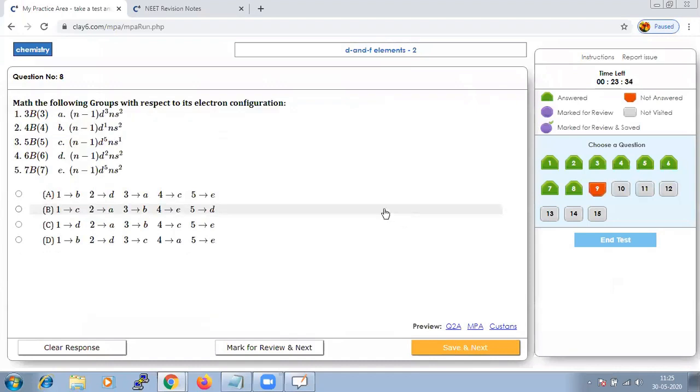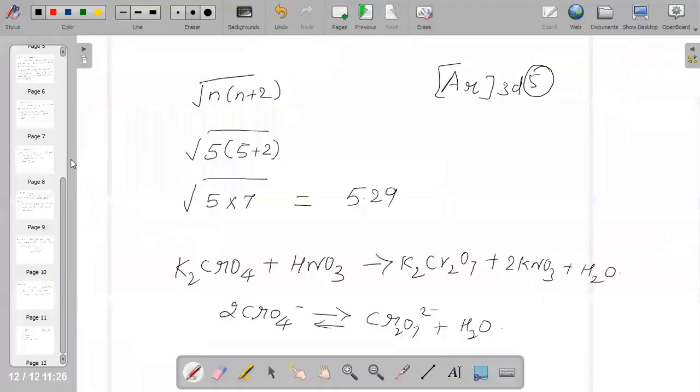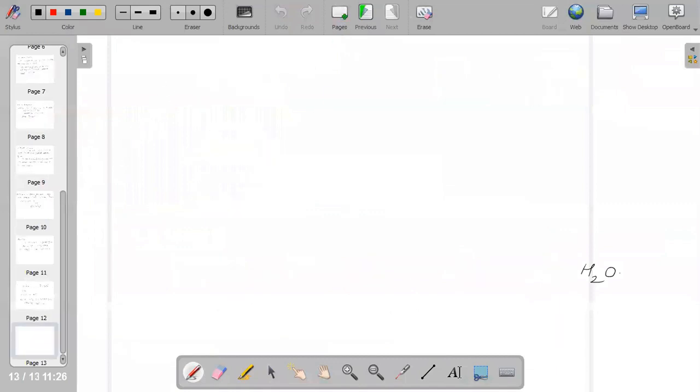Match the following groups with respect to the electronic configuration. It is very simple. If you look at the electronic configuration in the transition metals, the d orbitals are being filled in, and the elements in general will have the electronic configuration (n minus 1)d1 to 10 ns2.